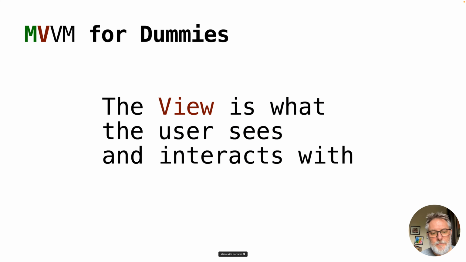View is pretty simple. It's what the user sees and interacts with. We know that as a user interface in my industry, which is video games. A user interface is built out of views in a view hierarchy, and we can consider the entire view hierarchy to also be a view.